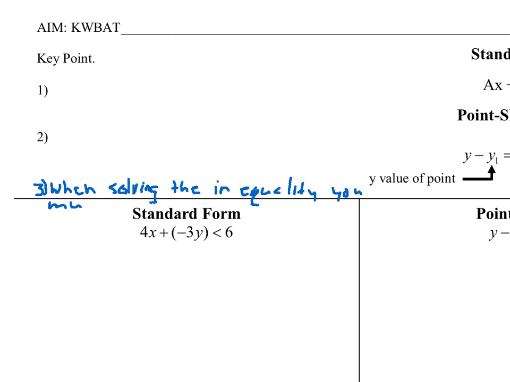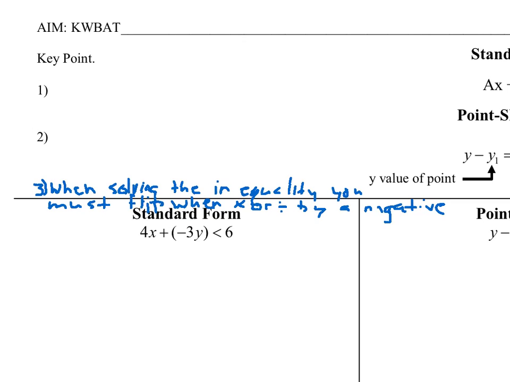When solving an inequality, you must flip when multiplying or dividing by a negative. Okay. So that's a key point about solving inequalities for y, which we have done before. So that's something that we had to remember then.